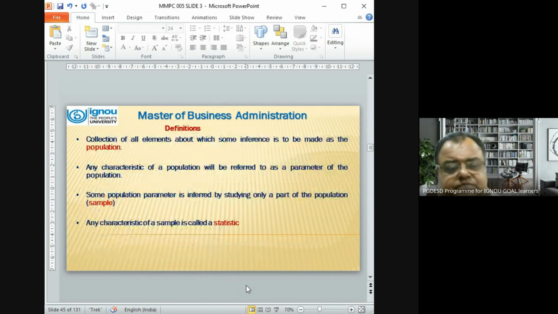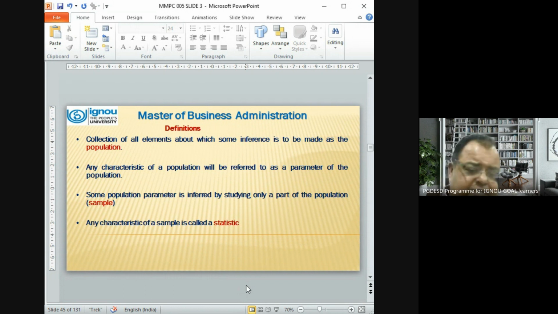Now, keep that concept in mind. First of all, what is meant by population? That is the collection of elements about which some inference is to be made.